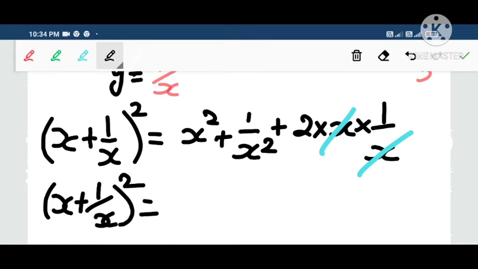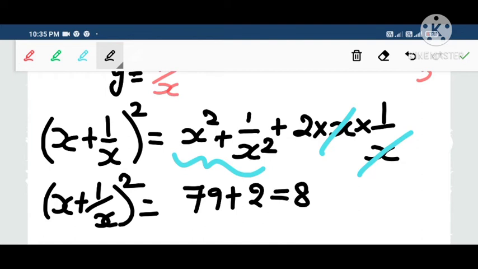And the given value of x square plus 1 by x square is nothing but 79. The given value is 79 plus 2, which is equal to 81.